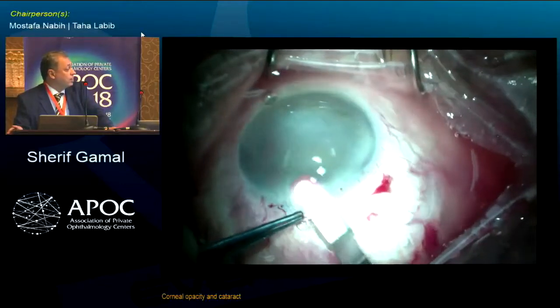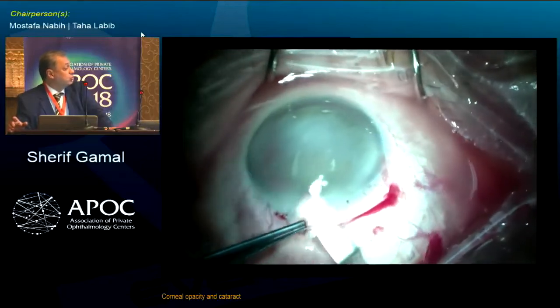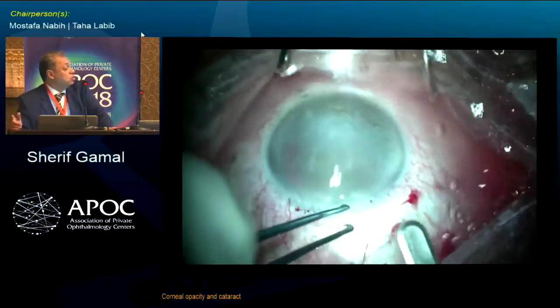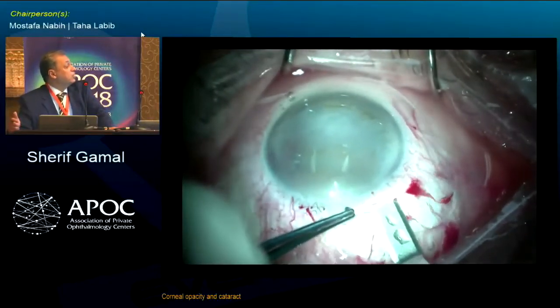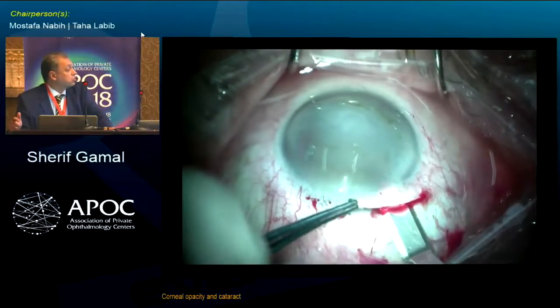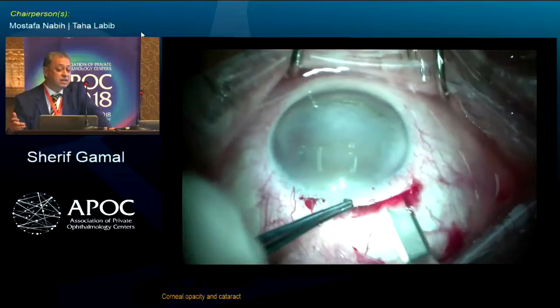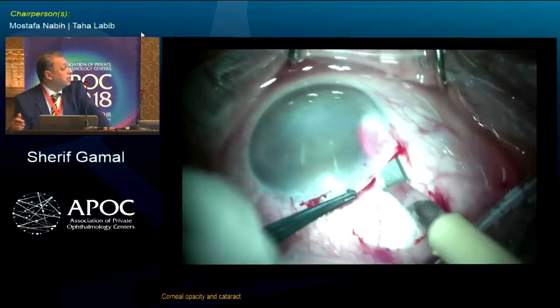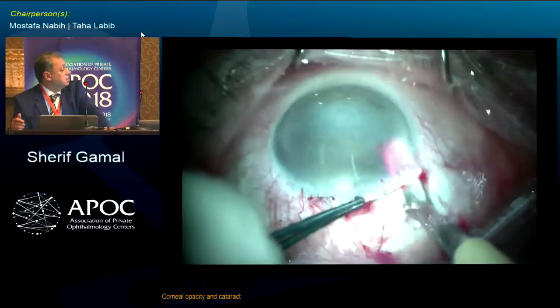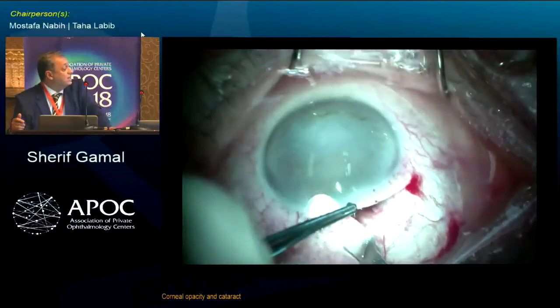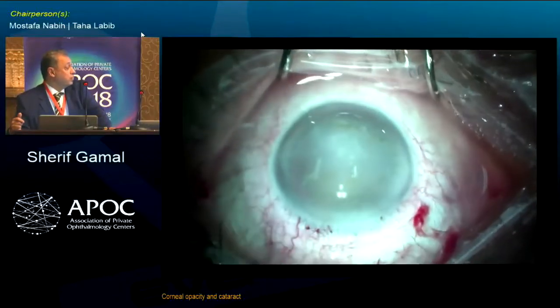As you can see, it's quite a wide tunnel, but also it can extend into the cornea. So 2 millimeters into the sclera, and another 2 millimeters into the cornea will result in 4 millimeters, and this results in a hinge that is quite sealed and requires no additional sutures when I finish my surgery.